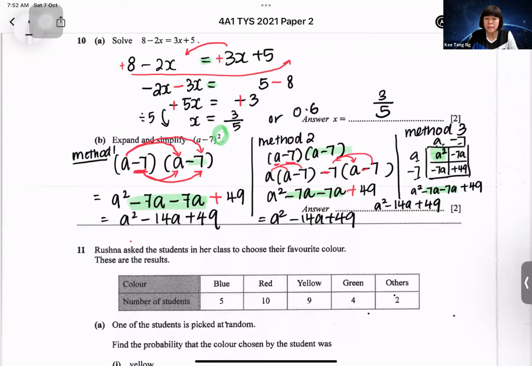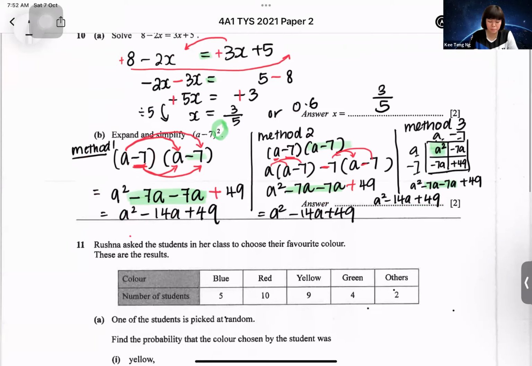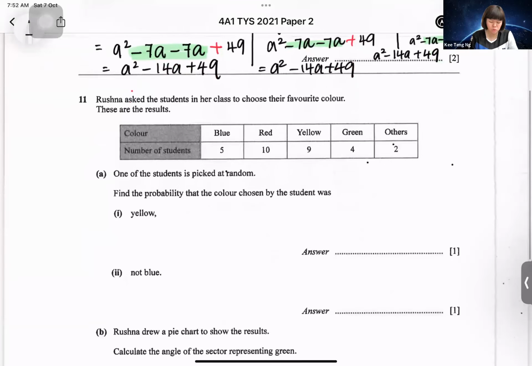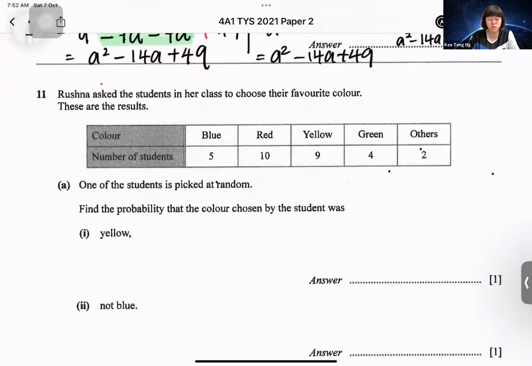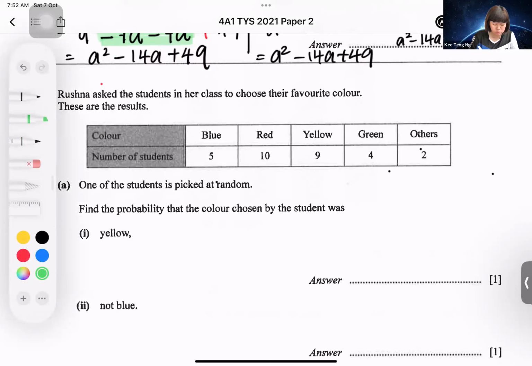Okay, now let's go on to the next question, number 11. This person asked the students in a class to choose their favorite color, and these are the results. I need to know the total number of students. There are 5, 10, 9, 4, and 2.